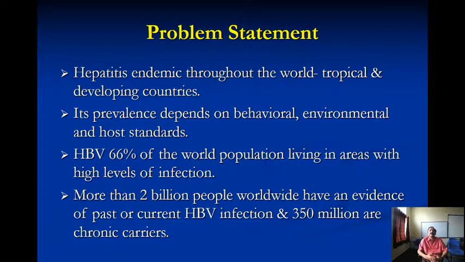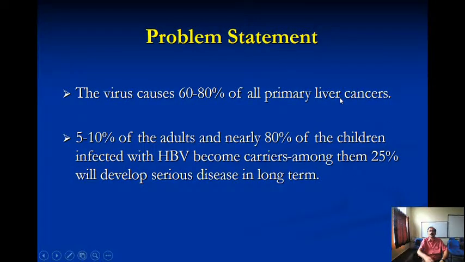Okay. Hepatitis B, 66% of the world population lives in areas with high levels of infection. More than 2 billion people worldwide have evidence of past or current hepatitis B infection, and 350 million are chronic carriers. So it's a huge number of cases which we have of hepatitis B and hepatitis C. Also, why we are concerned is 60 to 80% of primary liver cancers are because of this virus, and 5 to 10% of the adults and nearly 80% of the children infected with hepatitis B become carriers.